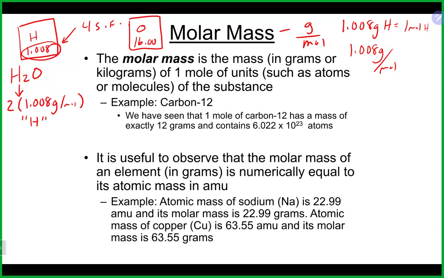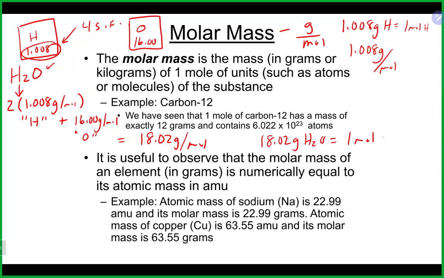We would then add it to our other element, which is oxygen, and that is 16 grams per mole. We would add that up, and that would give us 18.02 grams per mole as the molar mass of water. That again means that for every 18.02 grams of water you have, that represents basically 1 mole of water.